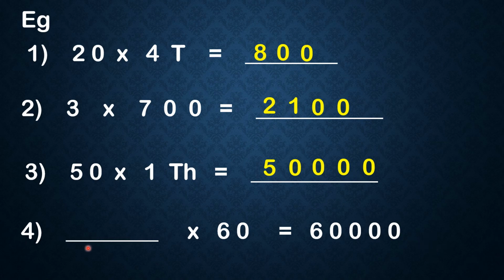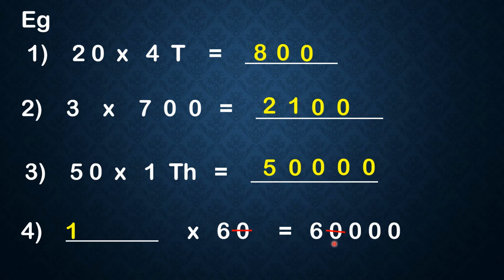Here you have to work out the other way. You have to find out the number with which if you multiply 60, you get the answer 60,000. 6 and 6. 1 six is 6, remember, or 6 ones are 6. So I put 1. Now there is a 0 over here. Now since the answer is already given, we cancel this 0 and this 0.